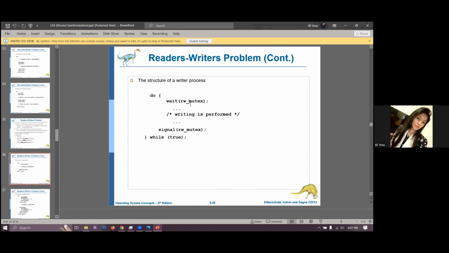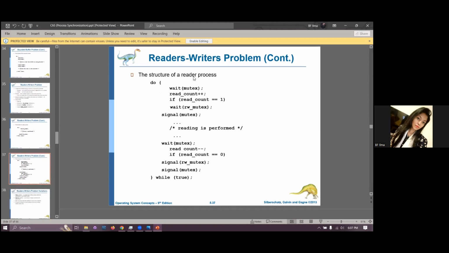That means when a writer process is entering its critical section, we cannot allow another writer or another reader to enter into the critical section. Why? Because there are some modifications happening. After performing its writing, we can signal the read write mutex, so it gives the go for the other processes. So this is quite simple.